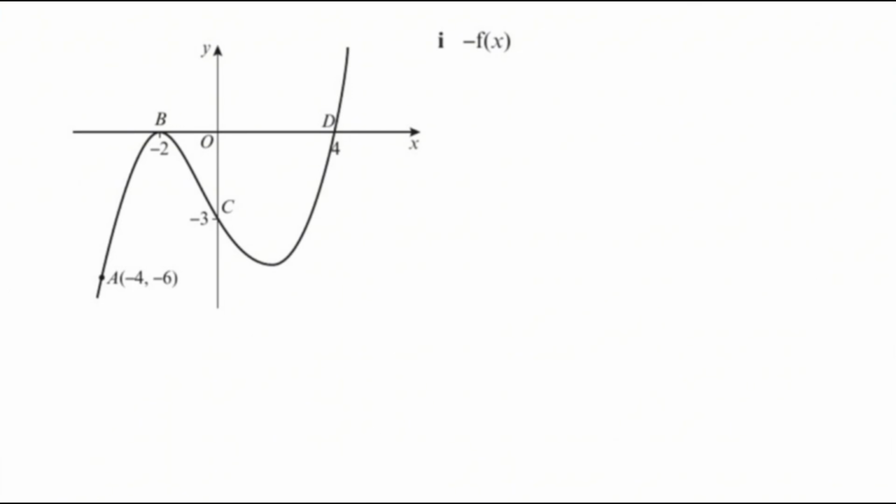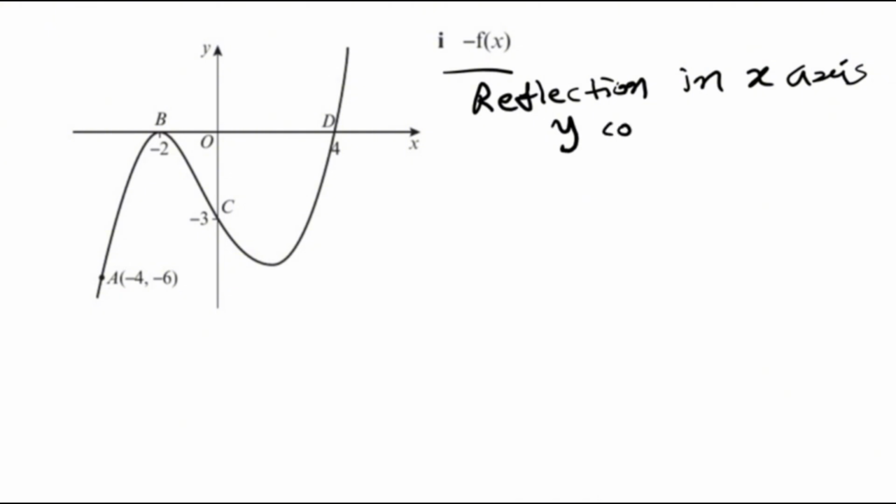Next transformation is minus f of x. As you can see, the minus is outside the bracket, which is a reflection in the x-axis. Means your y coordinate changes sign.